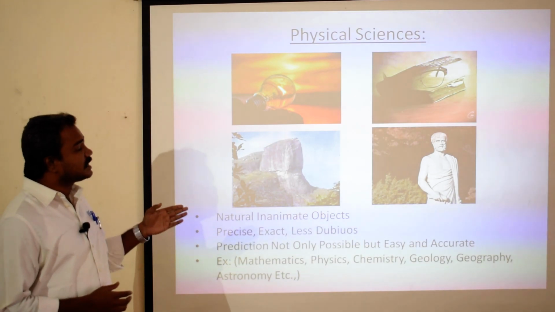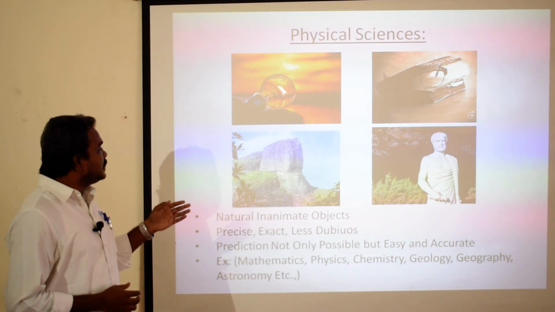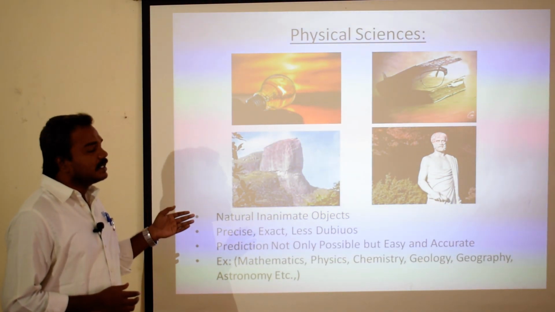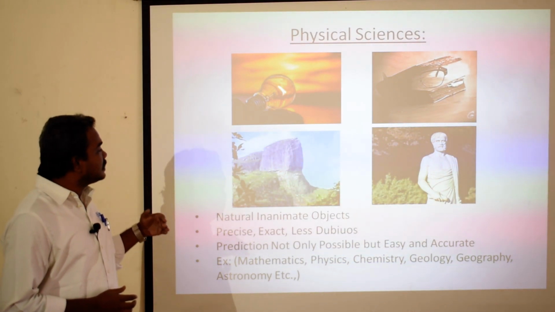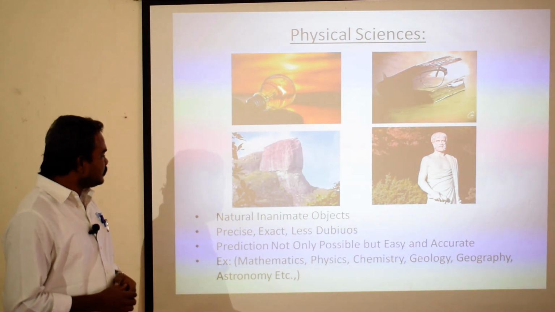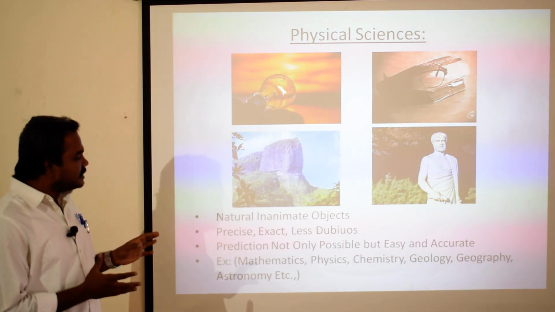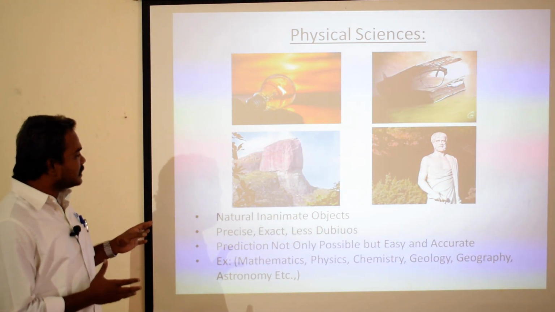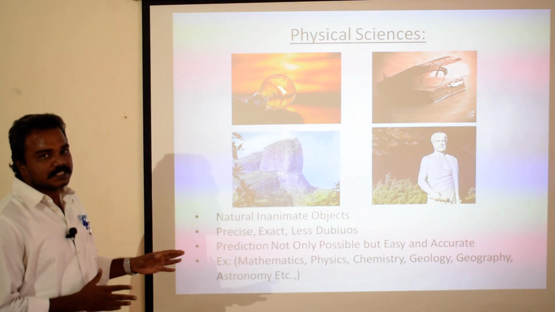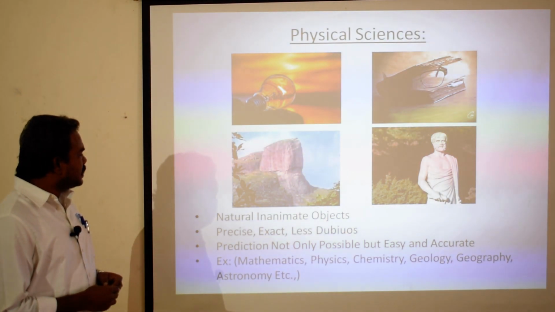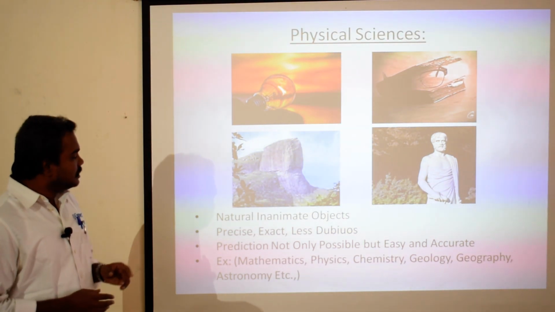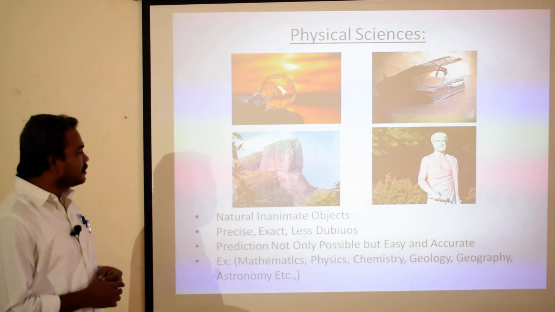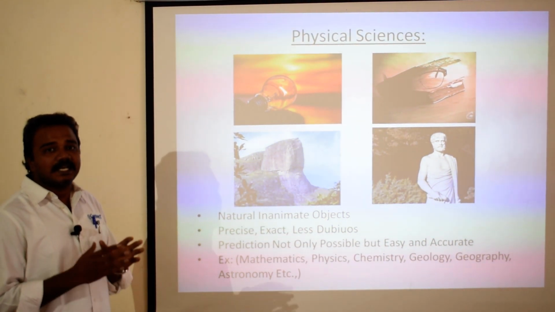When it comes to physical sciences, we will be dealing with natural inanimate objects, and it will be precise, exact, and less dubious. In this science, prediction is not only possible, but also easy and accurate.